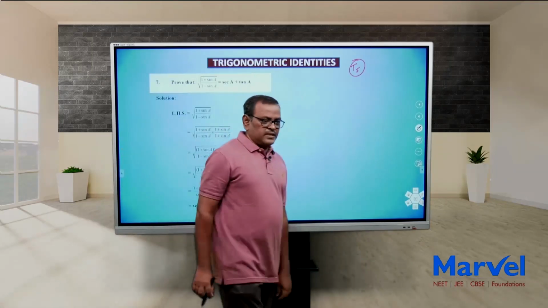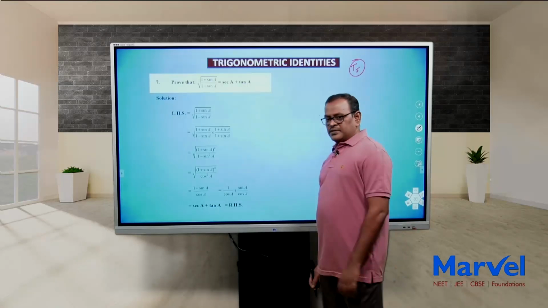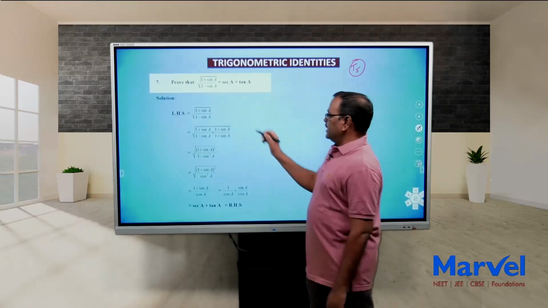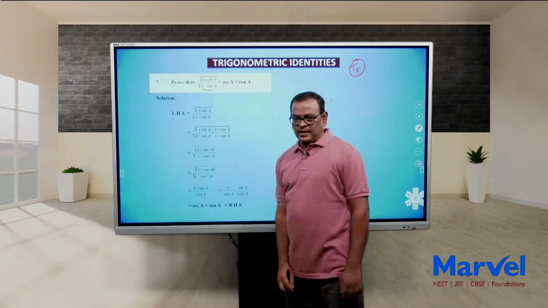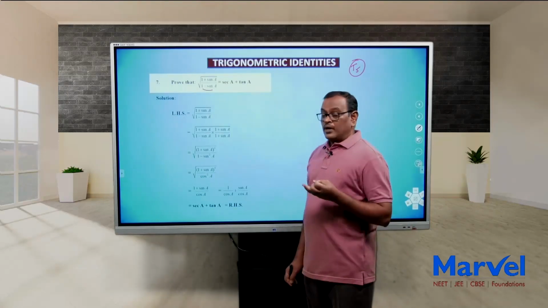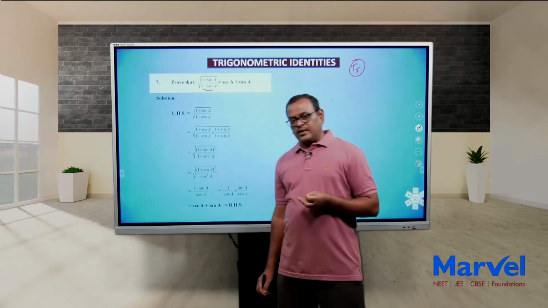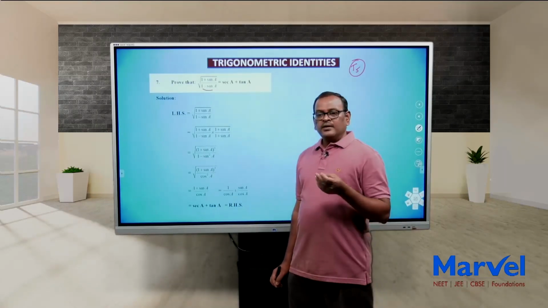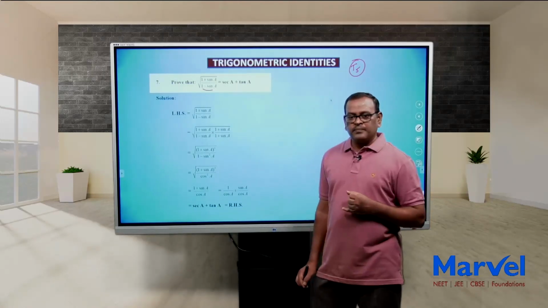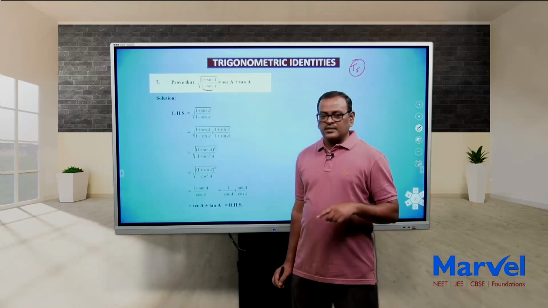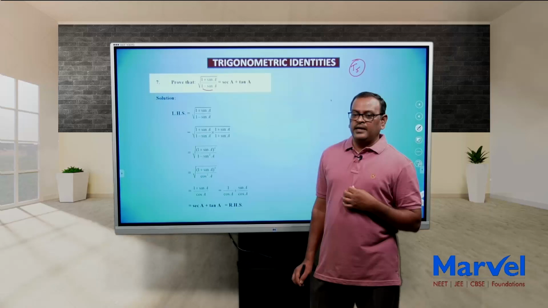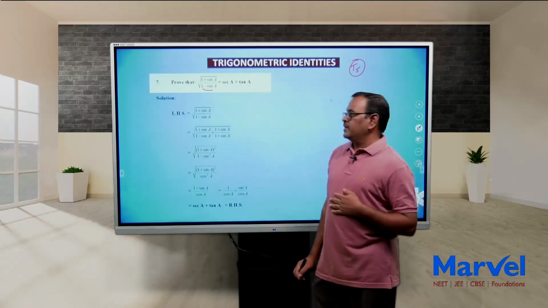Whenever the denominator expression has identities with plus or minus sign, for example 1 minus sin square A, 1 plus sin square A, 1 minus cos square A, secant square A minus tan square A, cosecant square A minus cot square A, secant square A minus 1 and cosecant square A minus 1. For all the 6 types of denominator, we can apply the concept of multiply and divide by the conjugate of the denominator.